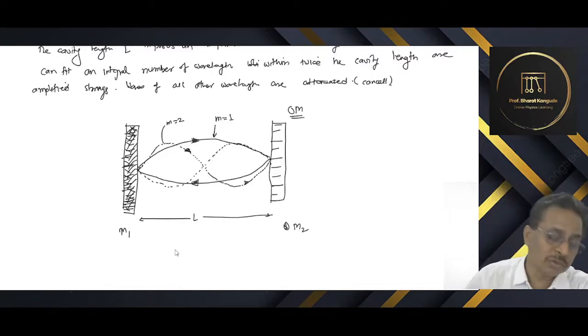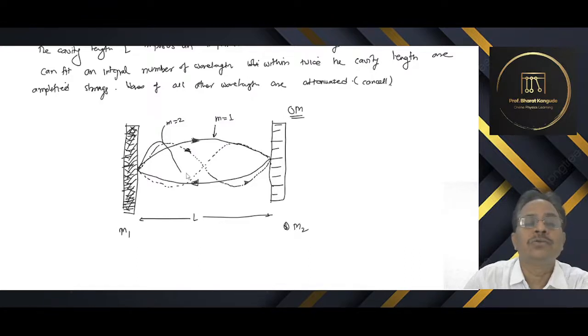And if I go for the third wave, that is m equal to 3, in that case you will have, again I can draw another here, this is up, then down, there are three lobes, up and again down. So this is one wave which is going to be m is equal to 3, and when it is reflected, I'll get exactly opposite wave which goes up, then again down, and then here.